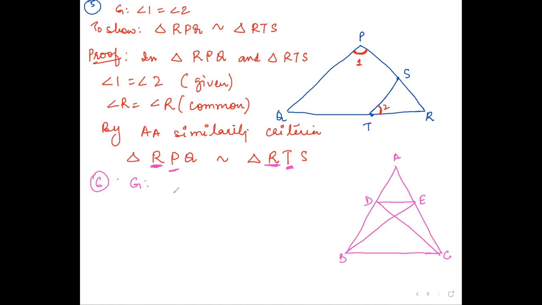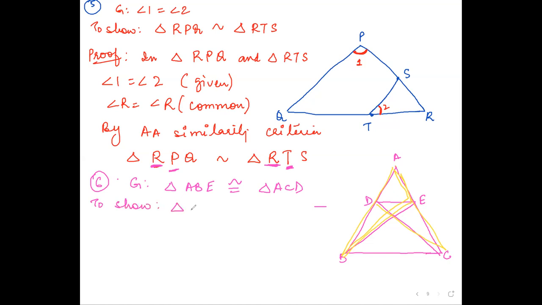It is given that triangle ABE is congruent to triangle ACD. So look carefully what is ABE and what is ACD. So ABE means this one, right? And similarly you have this ACD. Getting it? Yes, ma'am.